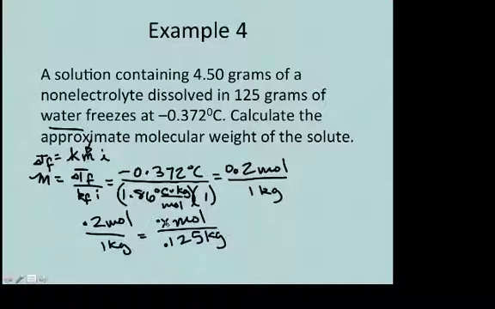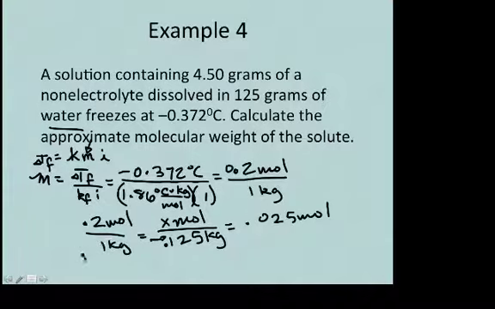So use a simple proportion to solve for x. That means in this particular solution, I have only 0.025 moles, not 0.2 moles, because I don't have a whole kilogram, I only have 125 grams.